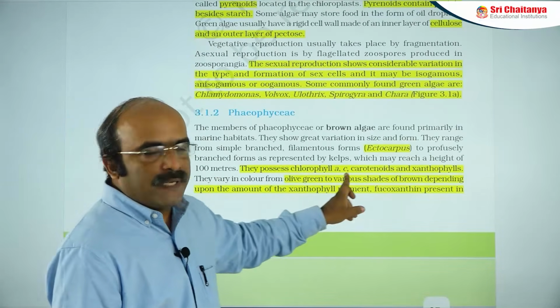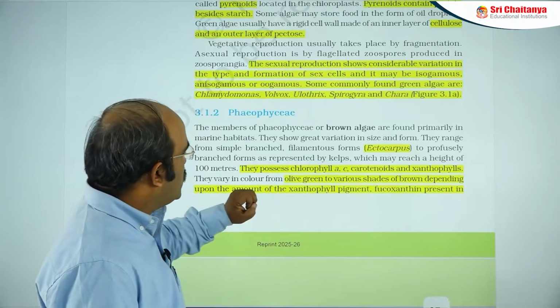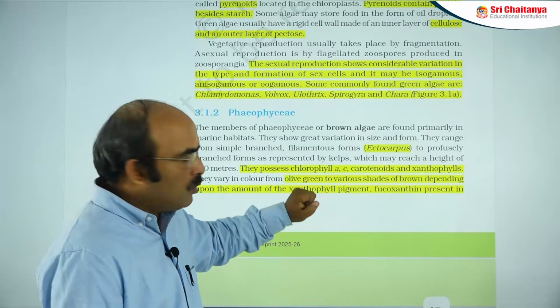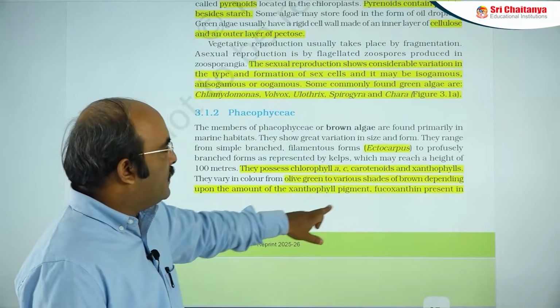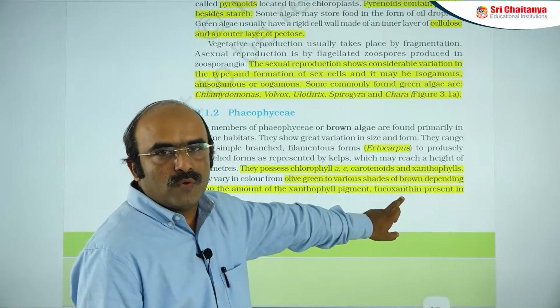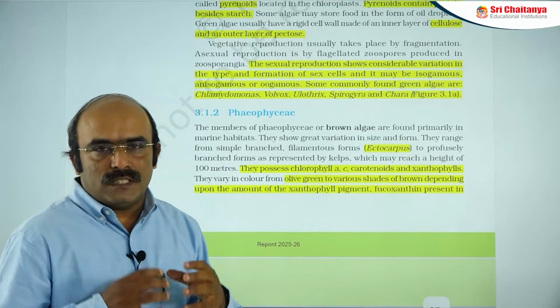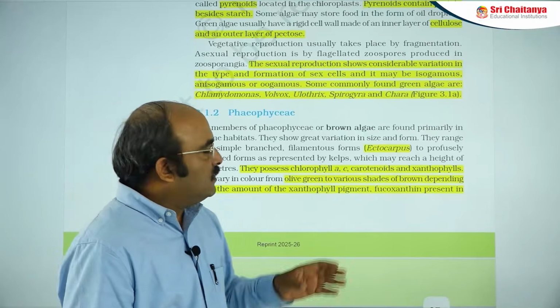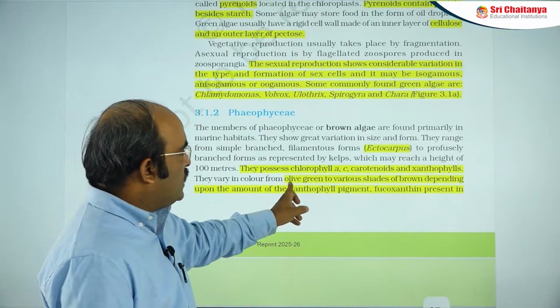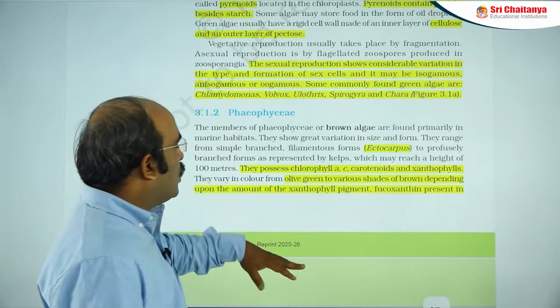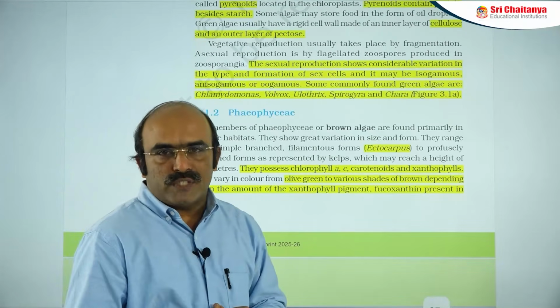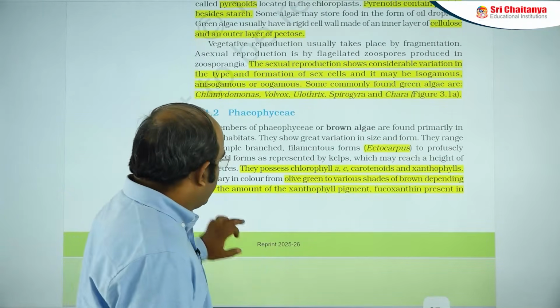Coming to the pigments observed in them, you could see chlorophyll A, chlorophyll C, carotenoids, and a type of xanthophyll pigment called fucoxanthin, which is important in giving the brown color. But the intensity of the color will range from olive green to various shades of brown, depending upon the amount of fucoxanthin in them.